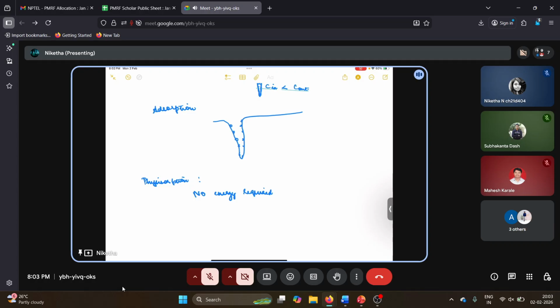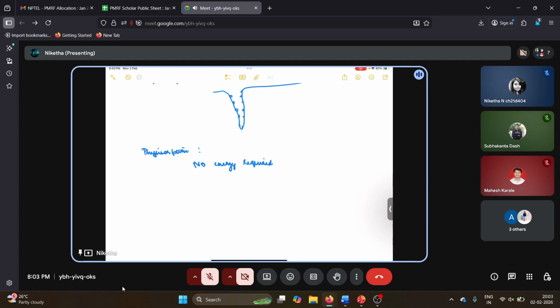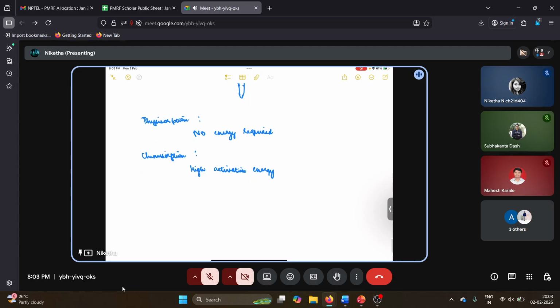There is no activation energy required. Whereas for chemisorption, we need a high activation energy. So this results in the formation of a different compound also.